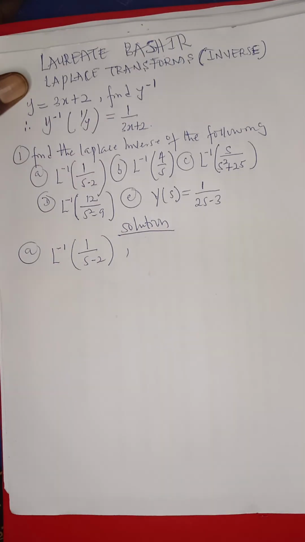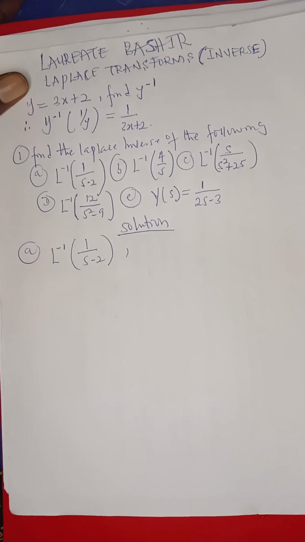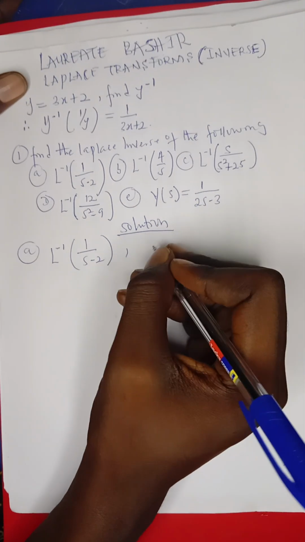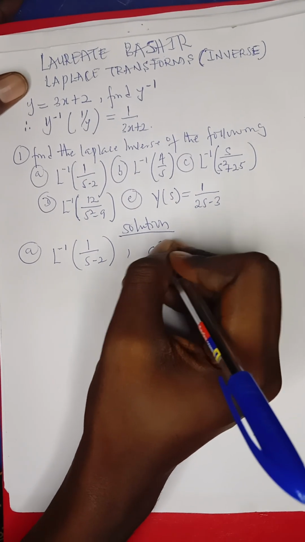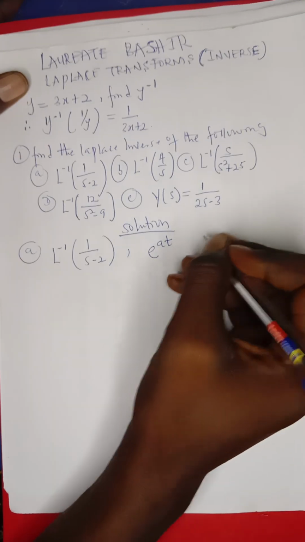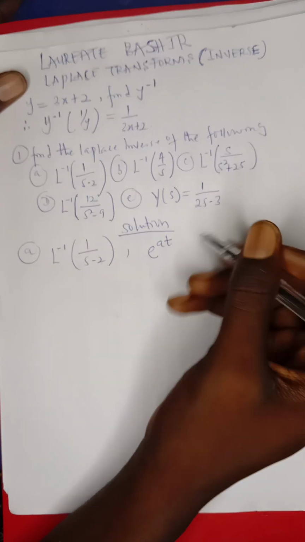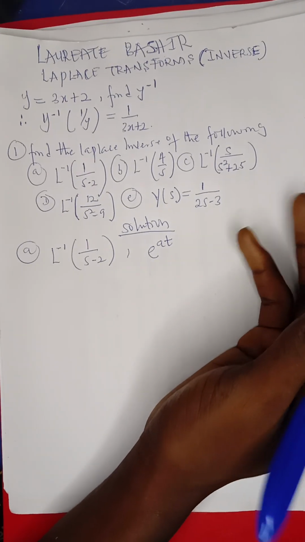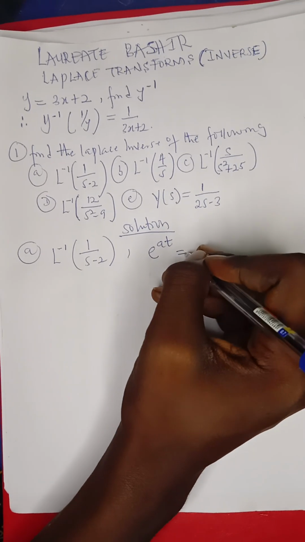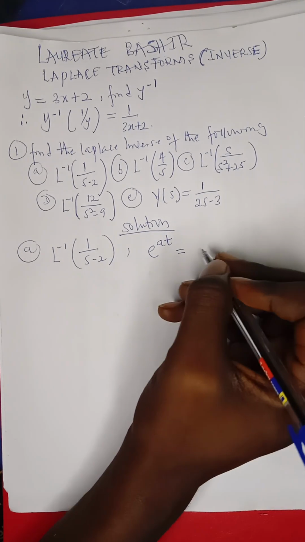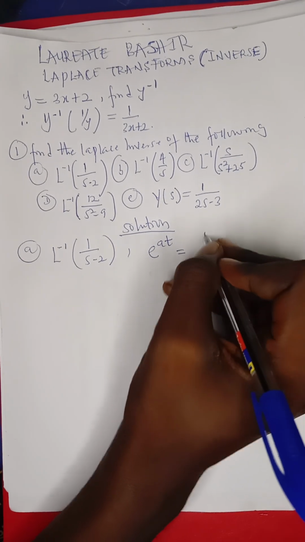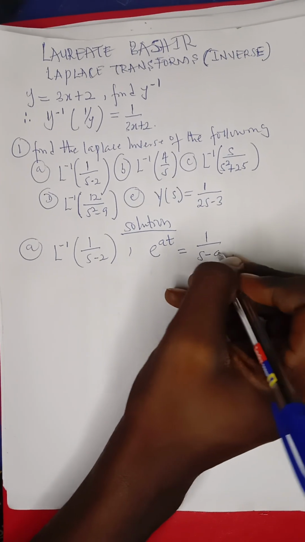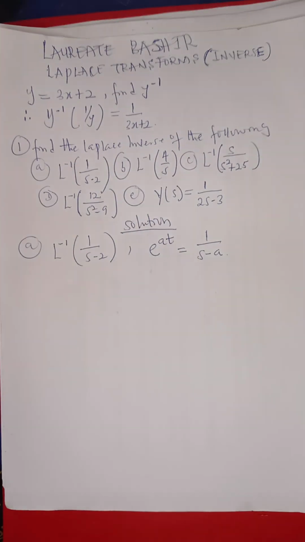If you go back to the Laplace table, you could recall that when you have the function exponential at, or exponential kt, as the case may be, some people might use a, some people might use k, it's the same thing. The Laplace will be 1 over s minus a, right? 1 over s minus a.